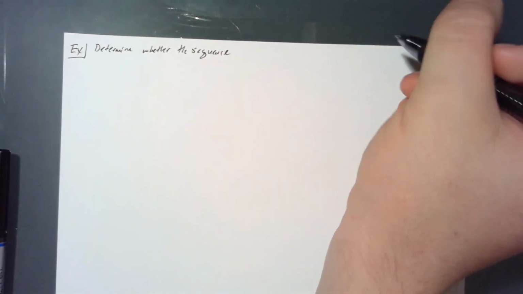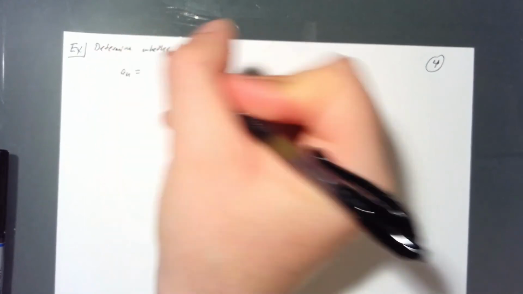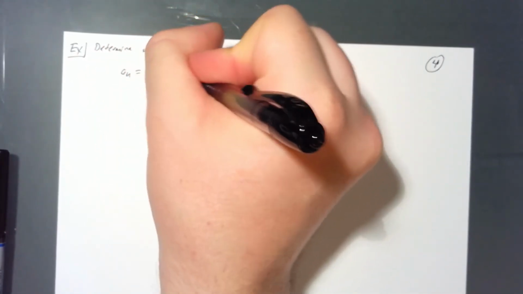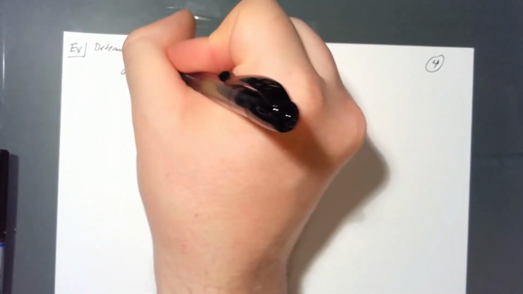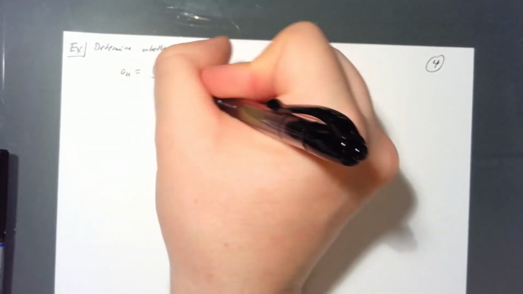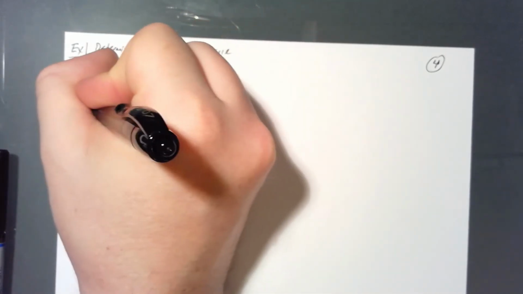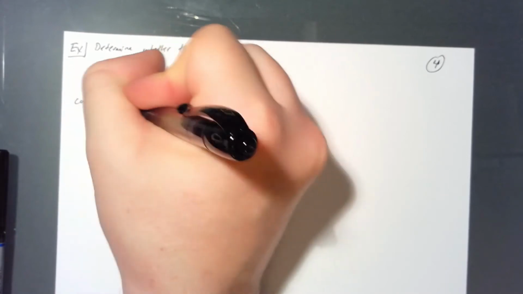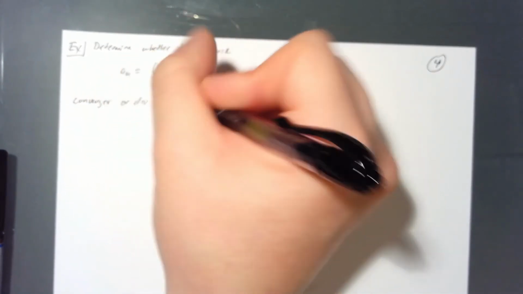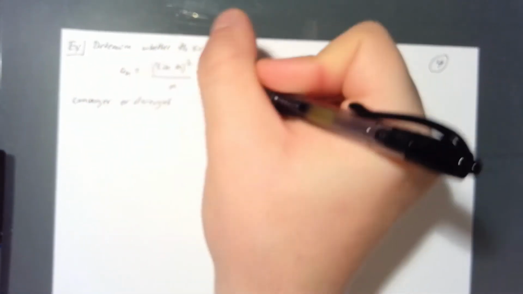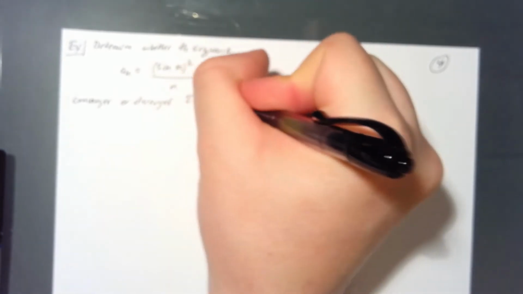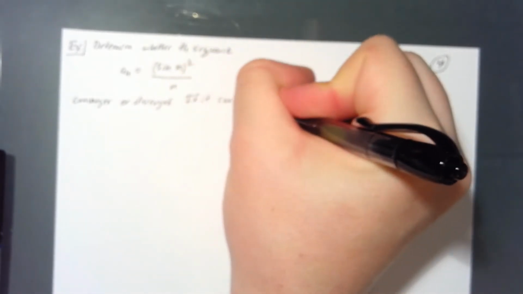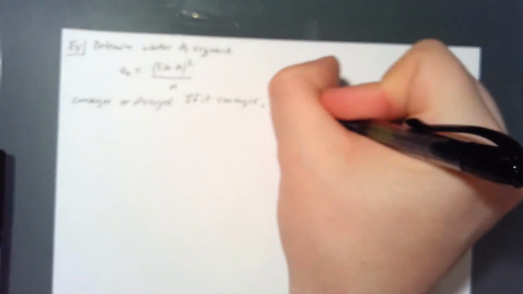Determine whether the sequence a sub n equals sine of n quantity squared over n converges or diverges. If it converges, find the limit.